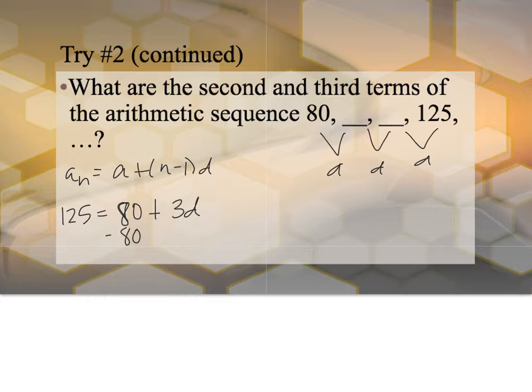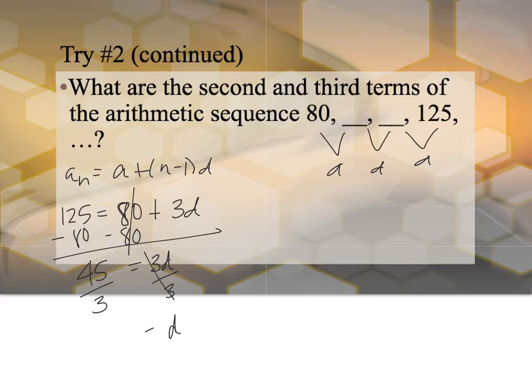Subtract 80, and we are going to get 45. Next, if we divide by 3, we're going to get 15 as our difference. So every time we're going to add 15 to our numbers. So the second number should be 80 plus 15, which is 95. And then the next one after that will be 95 plus 15, which is 110.